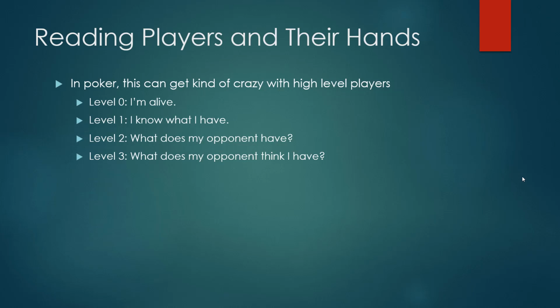This is where most poker players will stop. The really high-level players, and this is the circular thing, right? What does my opponent think that I think he has? So it just starts going back and forth.